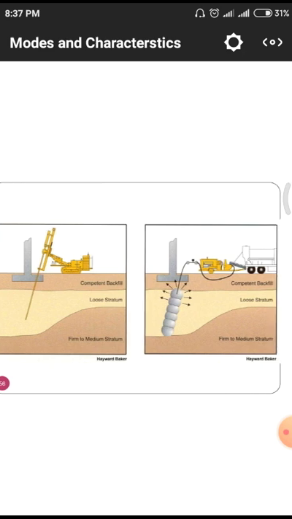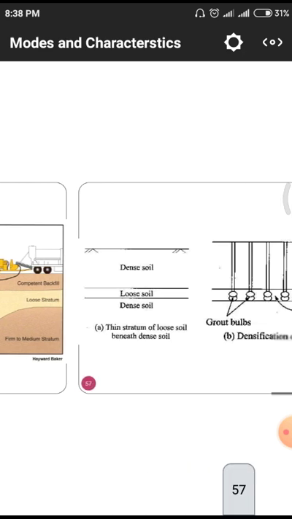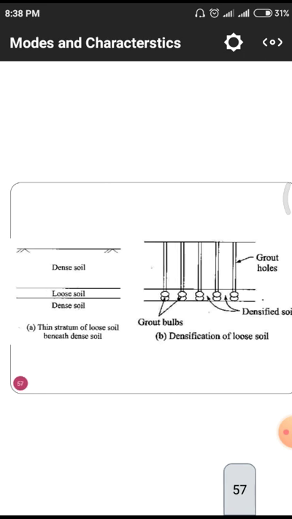Here also we have some terminologies. Competent backfill. After that we have loose stratum and firm to medium stratum. This loose stratum is responsible for carrying water, so in the loose stratum they construct this grouting layer. Here also we have to observe some densified soil, after that loose soil and dense soil, so above and below we have totally dense soils.